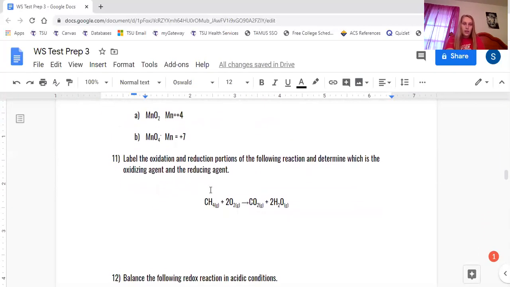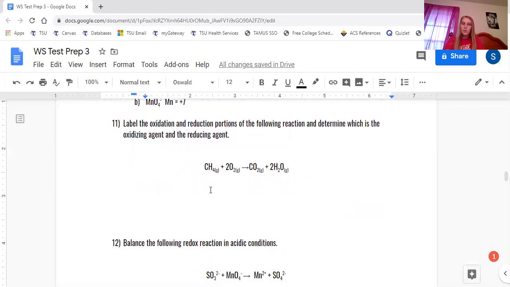Okay. Label the oxidation and reduction portions for the following reaction and determine which is the oxidizing agent and which is the reducing agent. So to do that, we look at this, and since oxygen's by itself there, we don't do that.